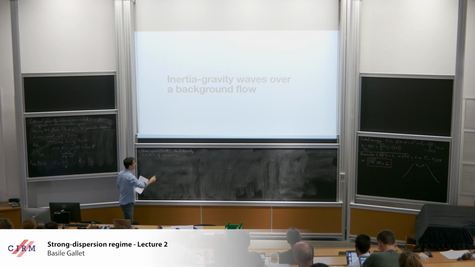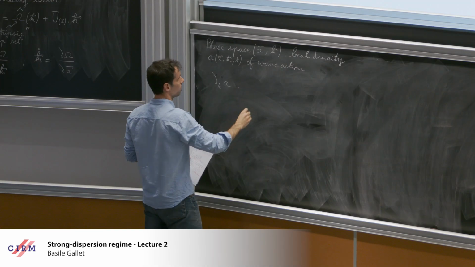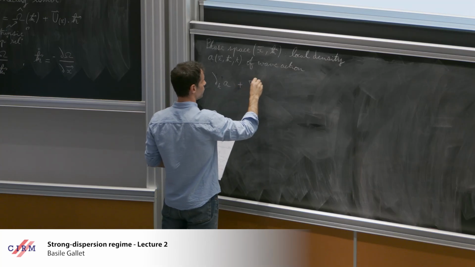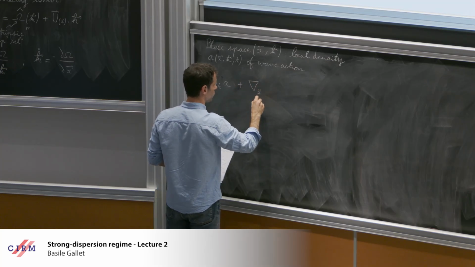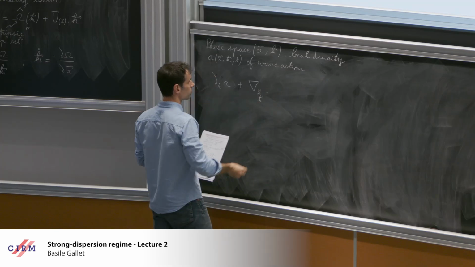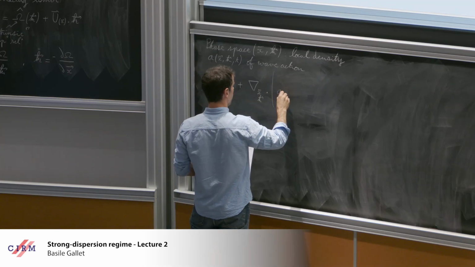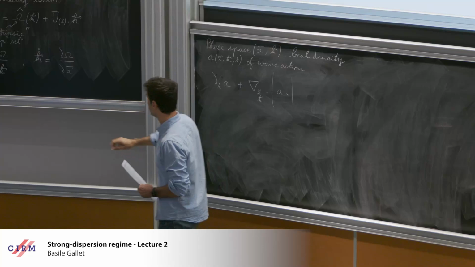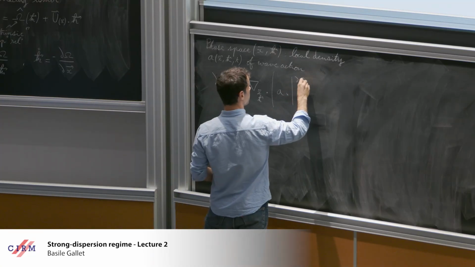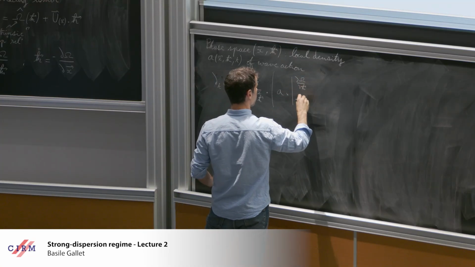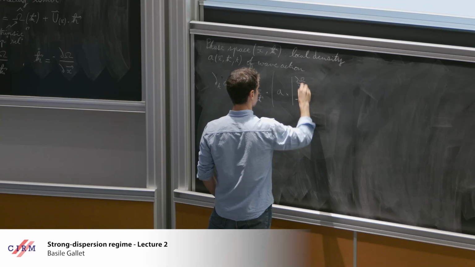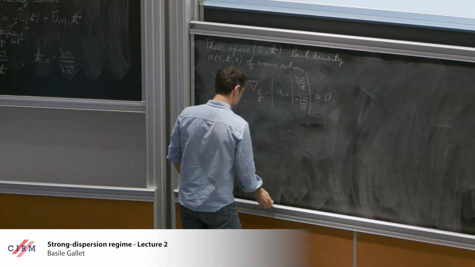So this density here will be conserved in phase space, which means that we're going to write the conservation equation dt of A plus the divergence in phase space, so that's a divergence with respect to x and k, of A times the velocity in phase space, which is d omega dk, minus d omega dx, equals 0.